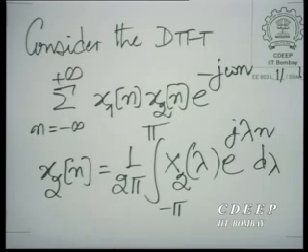Is that right? So, we simply replace one of the sequences by writing the sequence as an inverse DTFT of its own DTFT. Now, we substitute that. So, here we are.